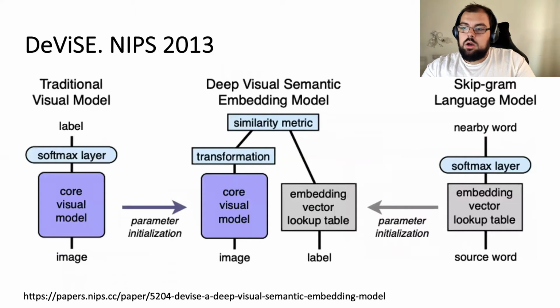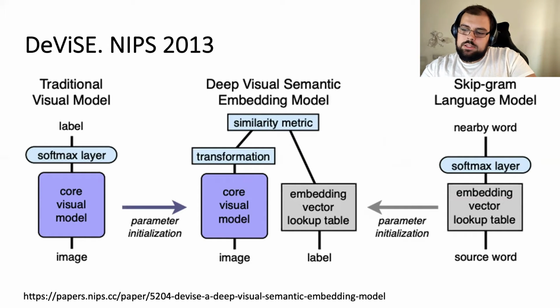There was a paper at NIPS 2013 called Deep Visual Semantic Embedding that suggested the following pipeline. The authors take two pre-trained models, one visual model and the other a language model, and then fine-tune them together so that they can map images and labels or text to the same semantic vector space.